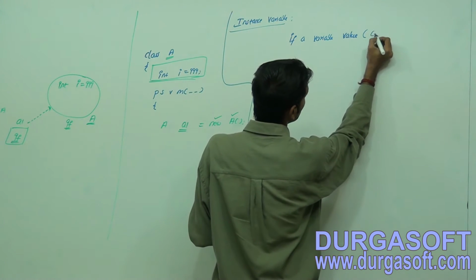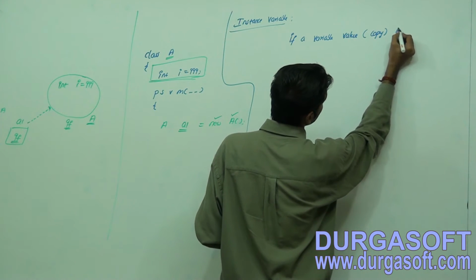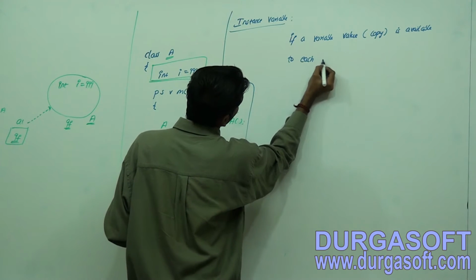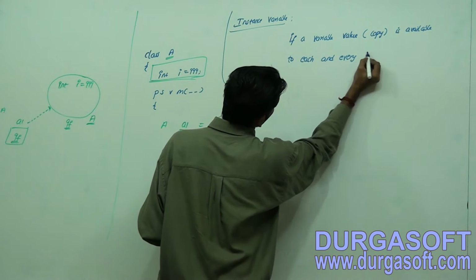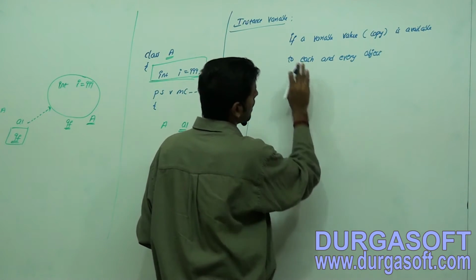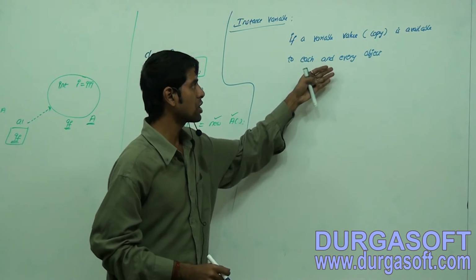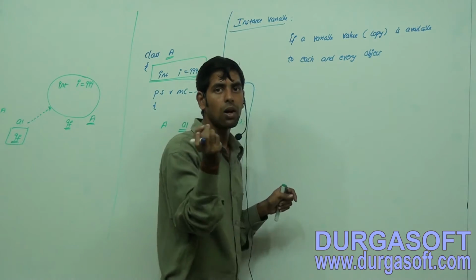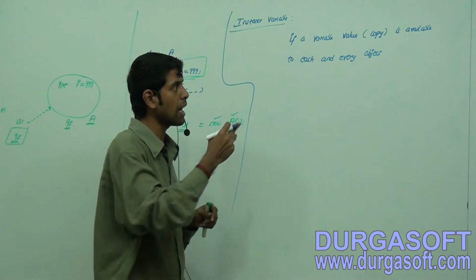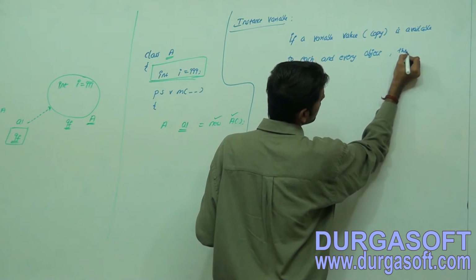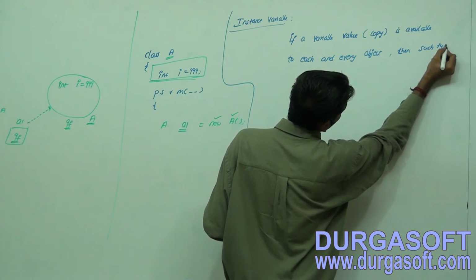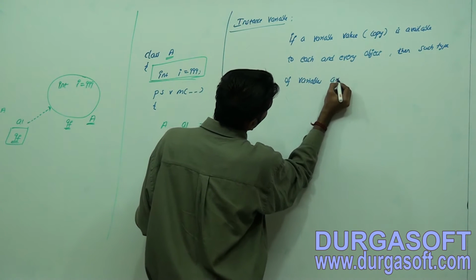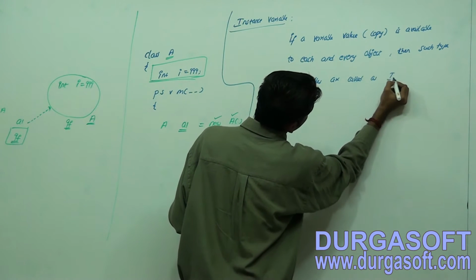Observe here: if a variable value, a separate copy, is available to each and every object, then such types of variables are called instance variables.